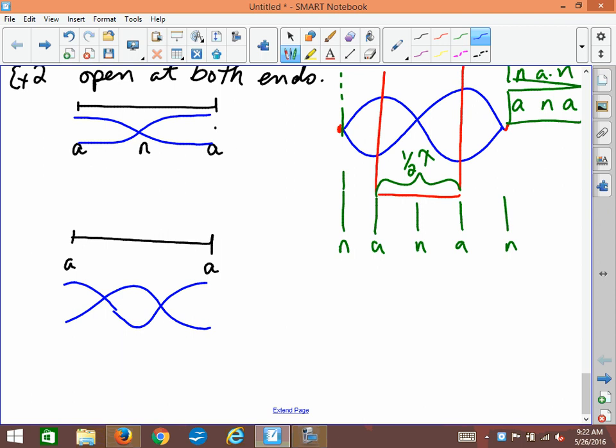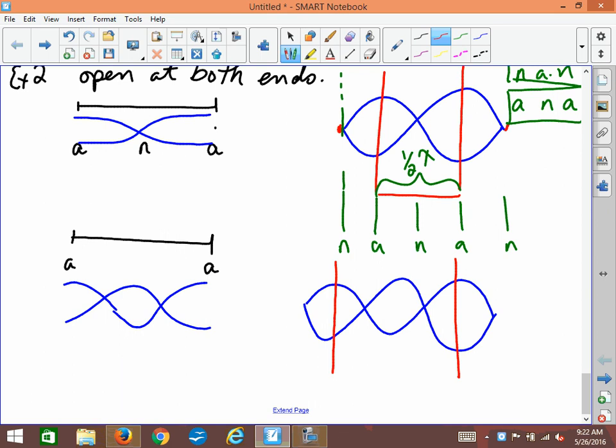Well, how much of a wave is that? It's difficult, but it's easier if you draw the full loops. What I have is this much inside my string. How much is that?